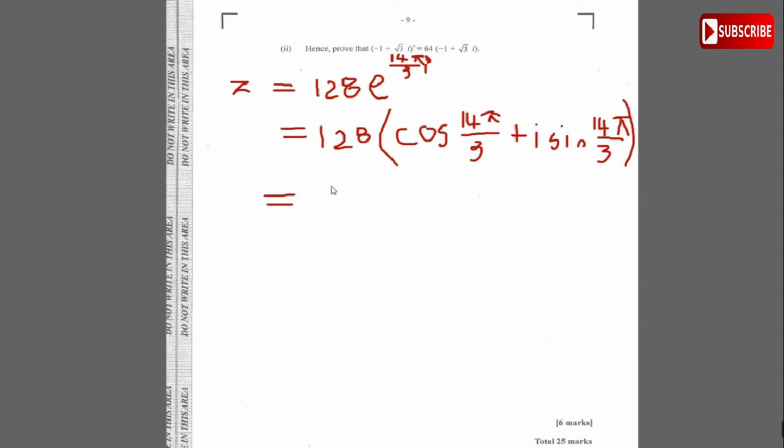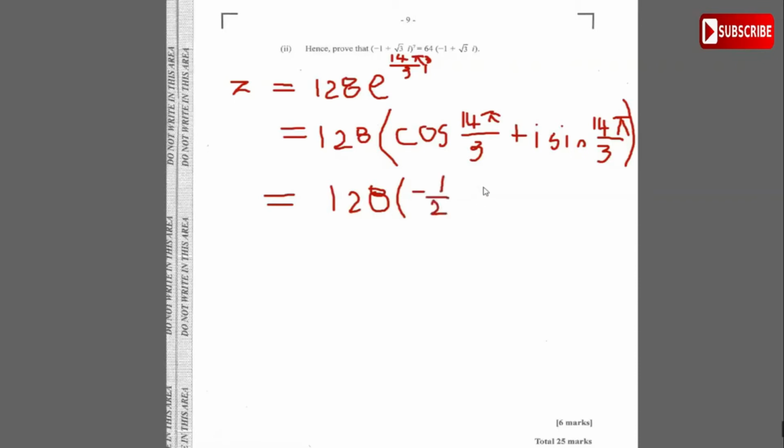You put in a calculator, you're going to get 128 times the cos of 14 pi divided by 3, and you find the cos of that. I'm getting minus a half right here.